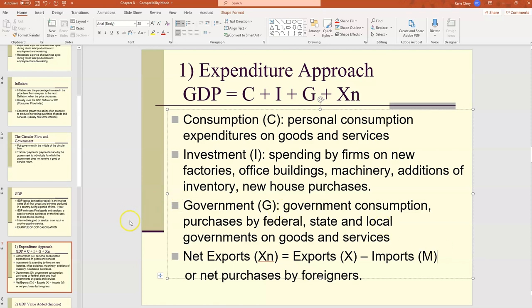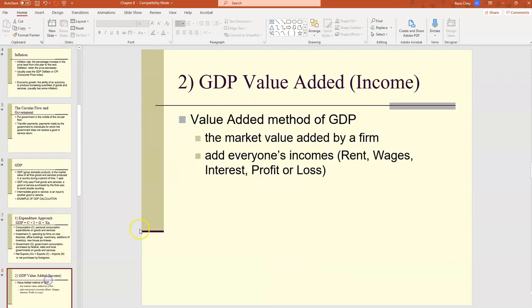Or net exports. Some books, instead of XN, they use NX. It's the same. Another way, again, to calculate GDP is the value-added approach. In the value-added approach, you basically add all the different incomes at all the stages of production.